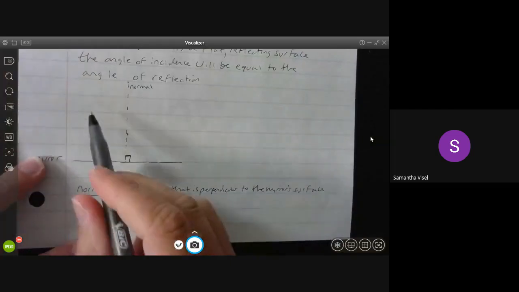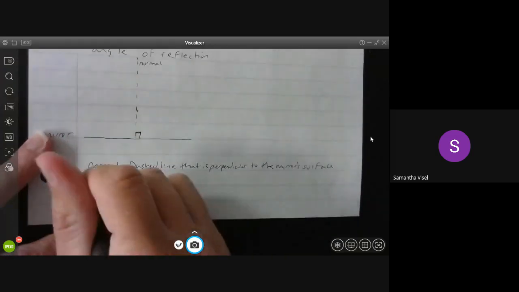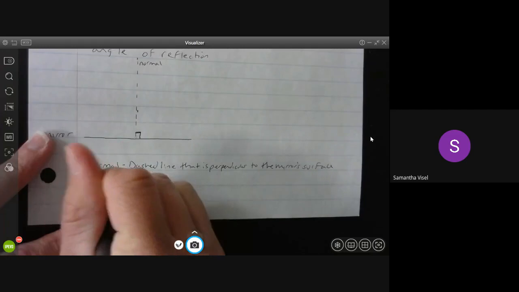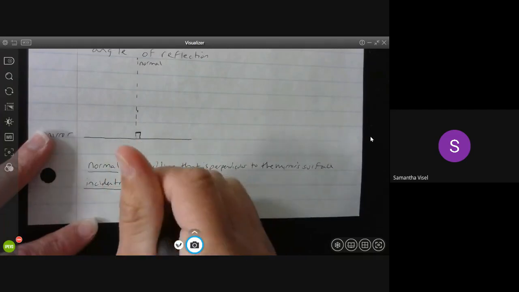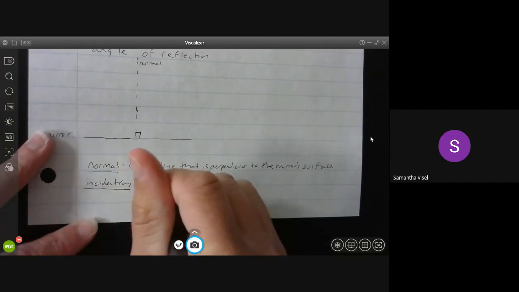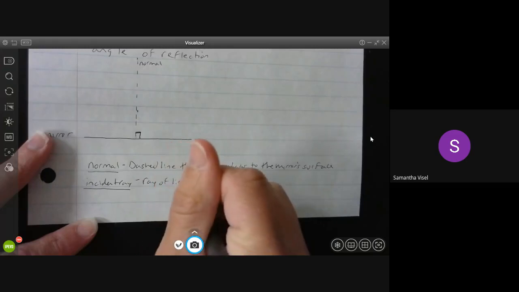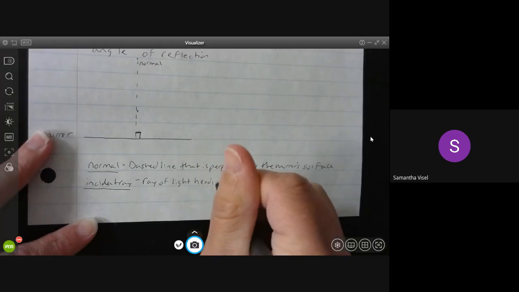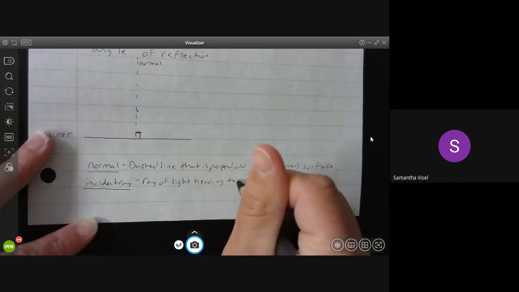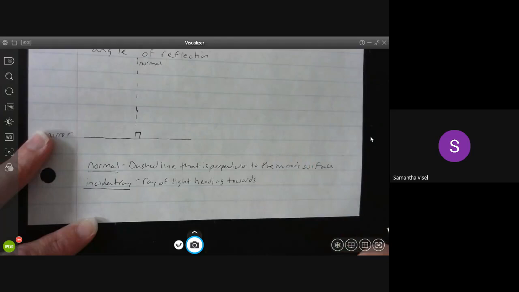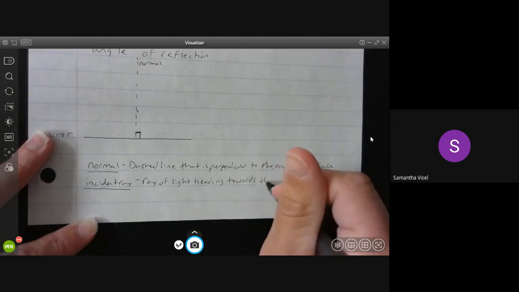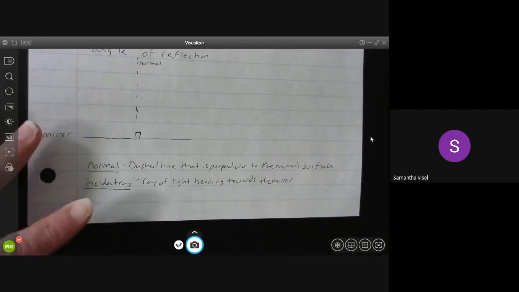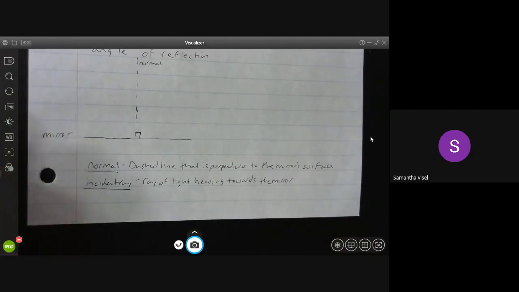So we call the ray that approaches the mirror the incident ray. And this is the ray of light heading towards the mirror. So the ray of light that is heading towards the mirror is my incident ray.